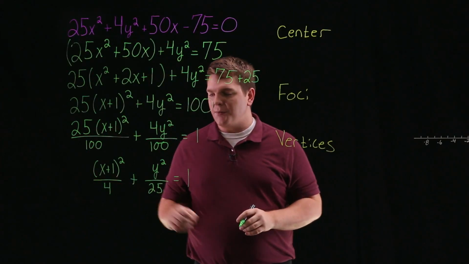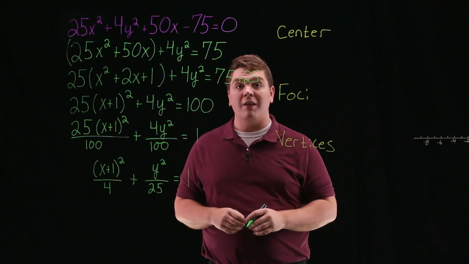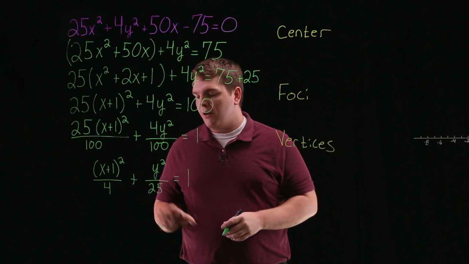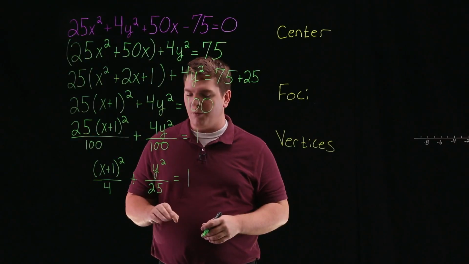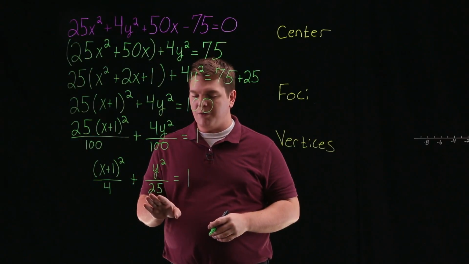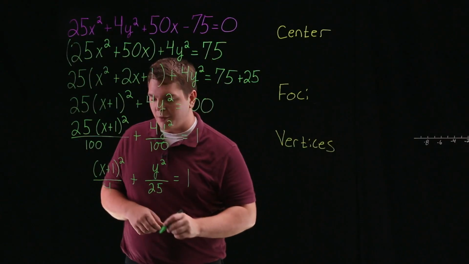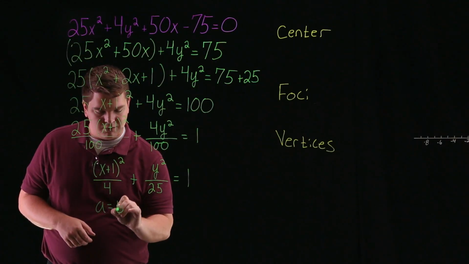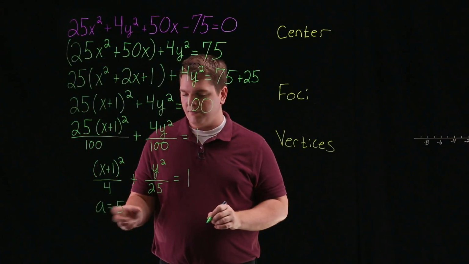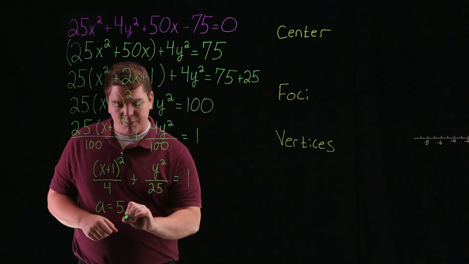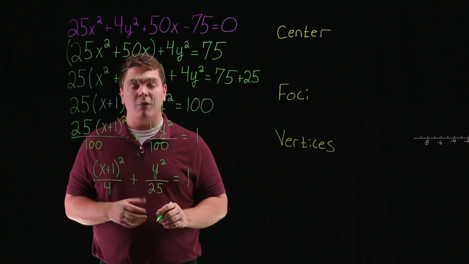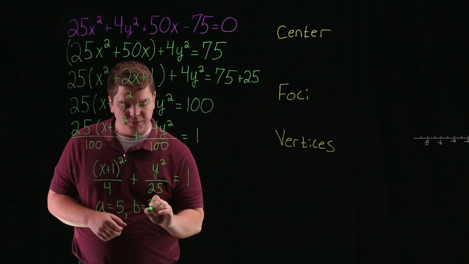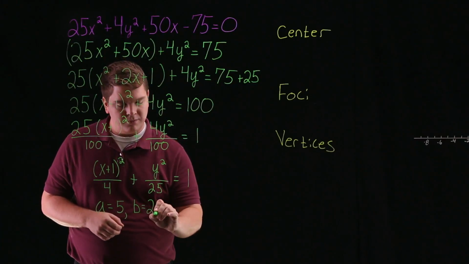At this stage, we have the standard form of our ellipse, and we can pick up a few key pieces of information. Our a squared value is 25, so a is equal to 5. Our b squared value is equal to 4, so b is equal to 2.